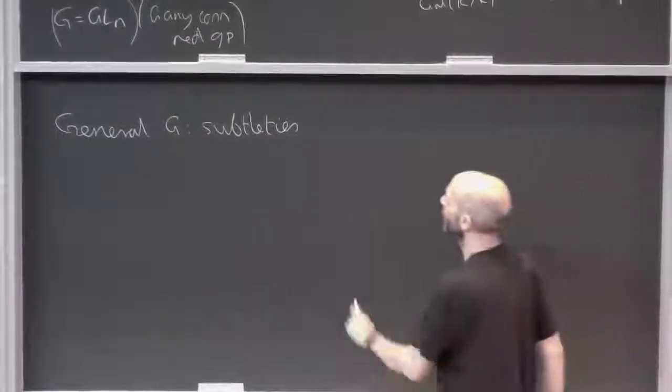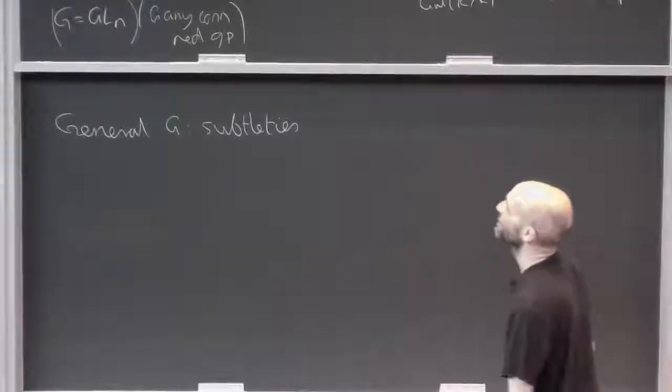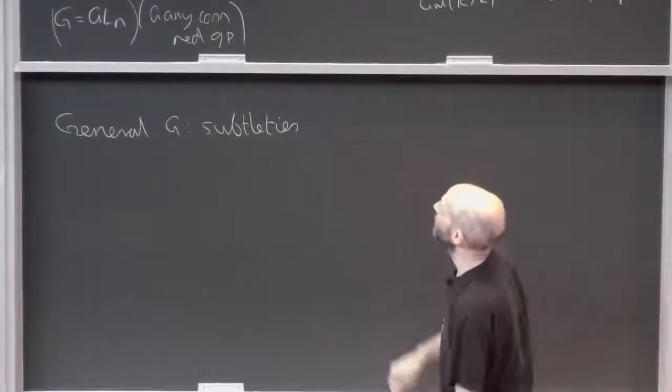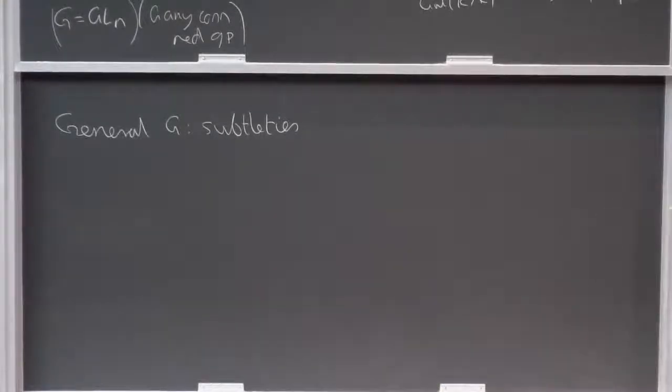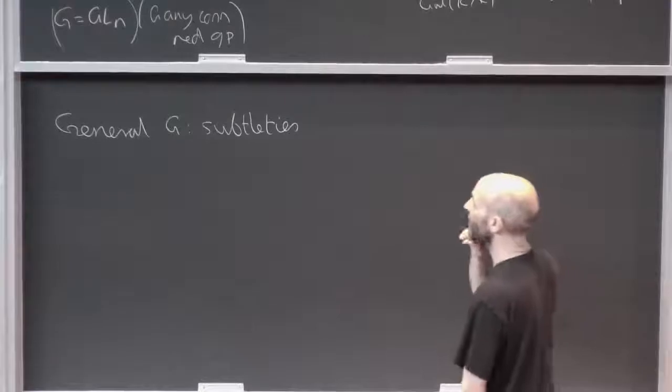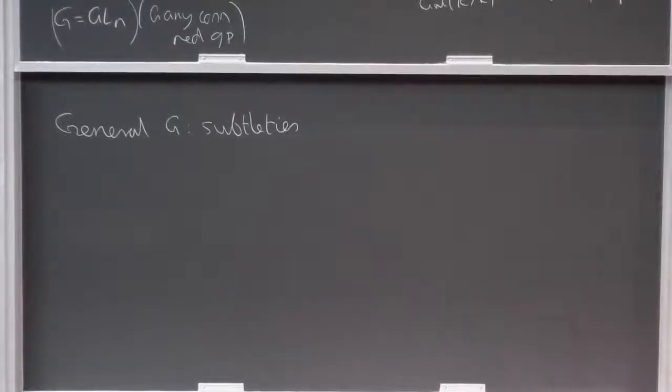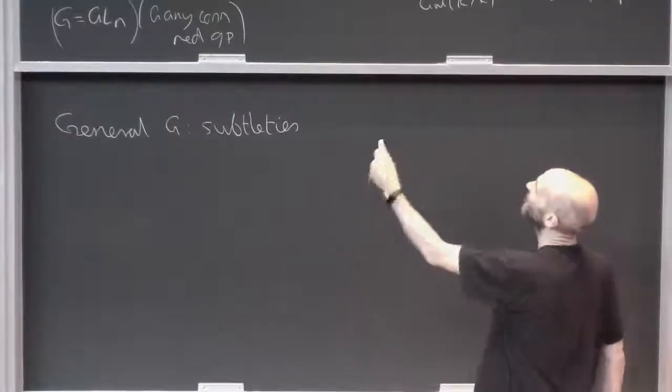The reason I wrote this paper with Toby G was precisely because although the experts all knew this, when you actually tried to pin people down, they were very vague about what algebraic means. Let me tell you what the subtleties are, and then we'll move on from general G and go back to GLN.